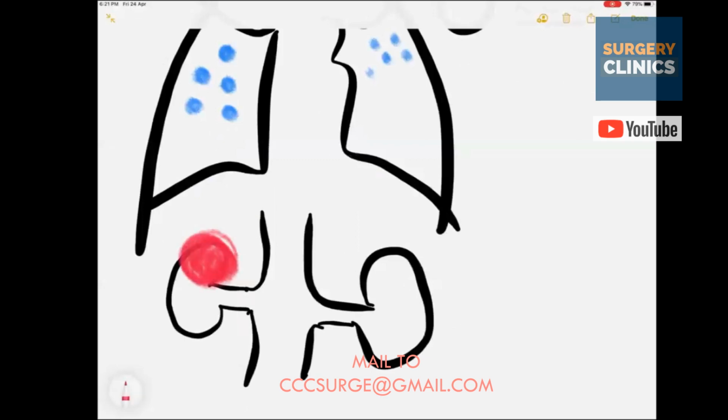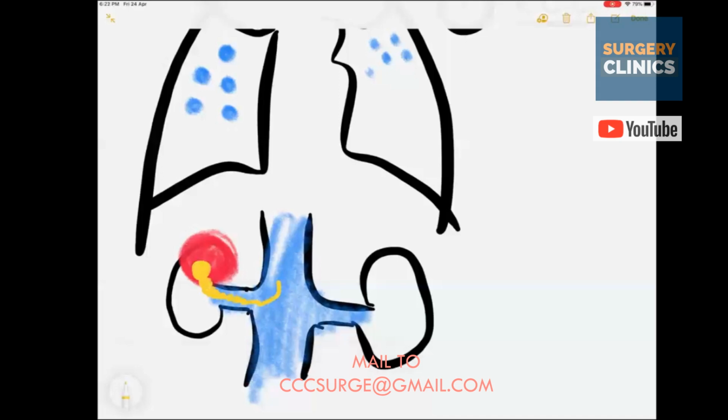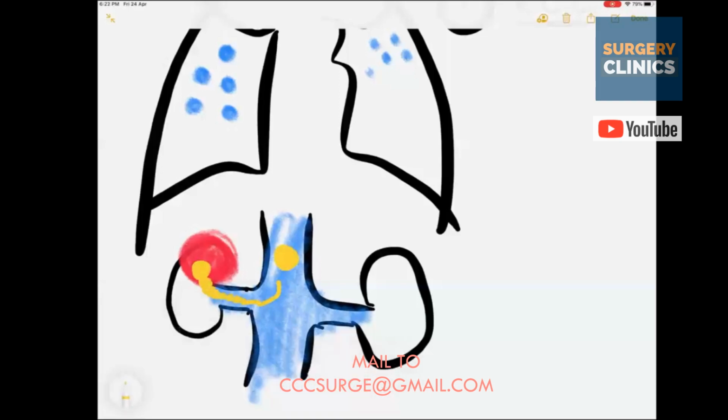And when it starts, it invades a vein. And which vein are we talking about? The renal vein and the inferior vena cava. So this tumor grows into the renal vein, and wonder of wonders, it comes out into a big tumor embolus.